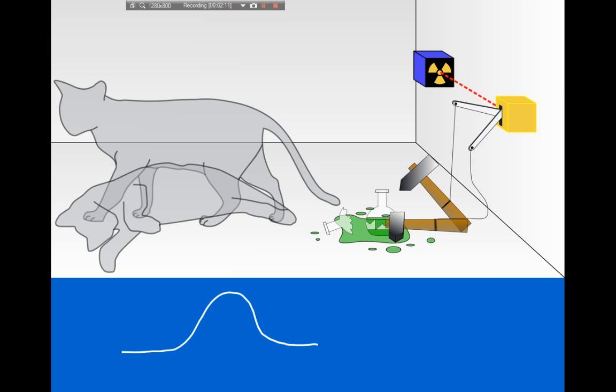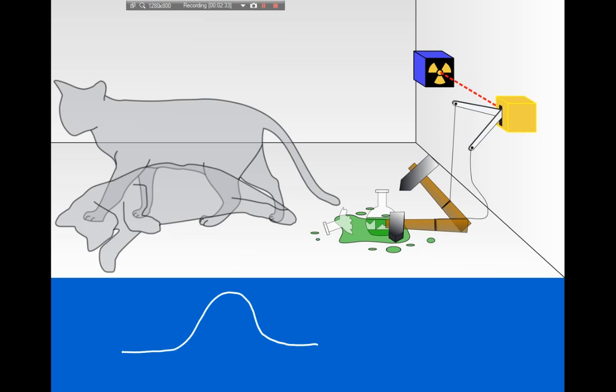And Schrödinger said, well, this whole idea of quantum mechanical superpositions is just completely crazy. Actually, I don't know enough about the history of physics. I'm not completely sure whether Schrödinger thought that quantum mechanical superpositions in general were crazy, or just the quantum mechanical superpositions of macroscopic states were crazy.